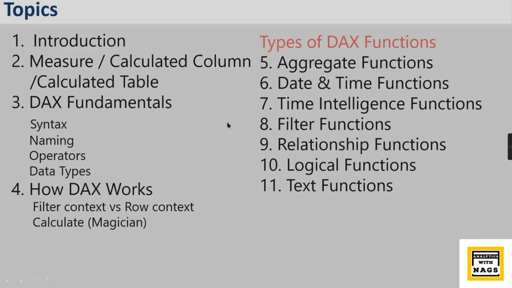There are a lot of other types, but the main focus is on these, since most projects can achieve what they need using them. That's why I chose these as the predominant functions for this video. Finally, we will conclude with whatever we have seen today. This is the agenda. Let's begin with our introduction.